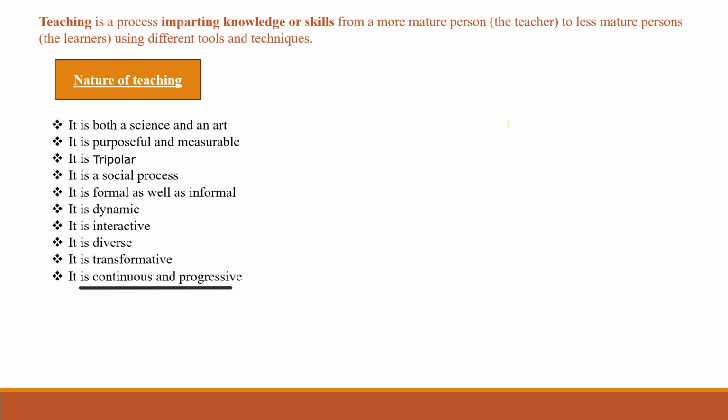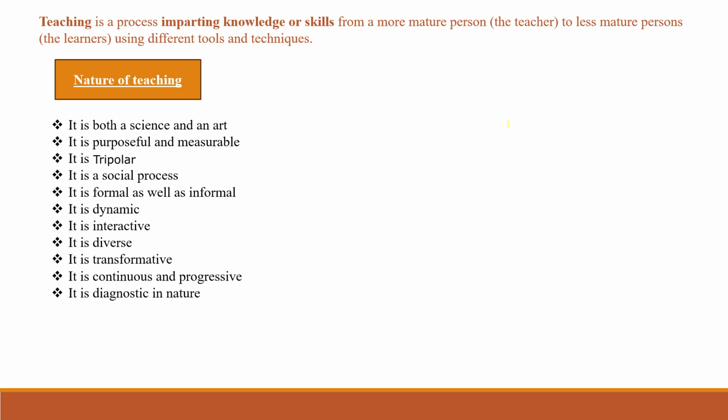Instead, teaching builds gradually on prior knowledge, adapts to learners' growth, and continuously improves through feedback and evaluation. Teaching is diagnostic, which means continuous evaluation helps identify gaps and suggest remedial measures so that almost every learner can achieve mastery with time and support.